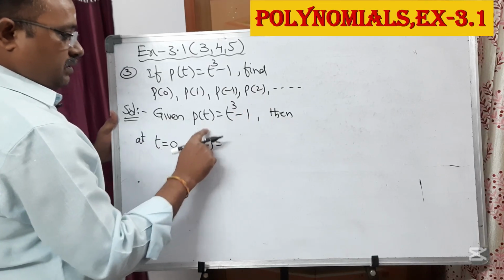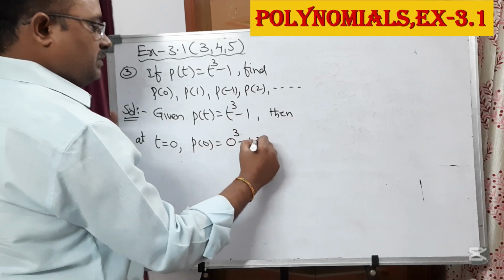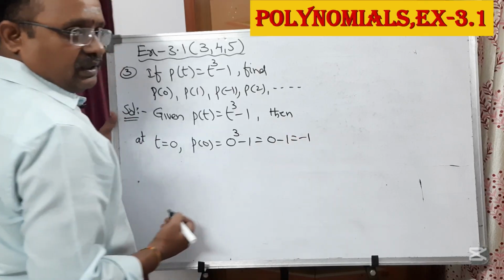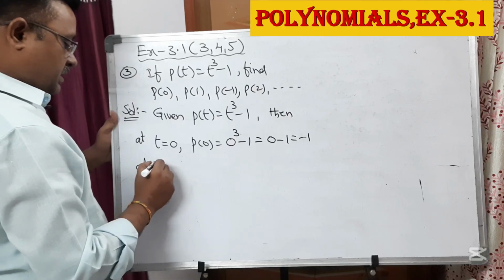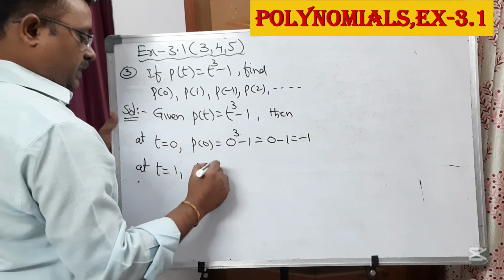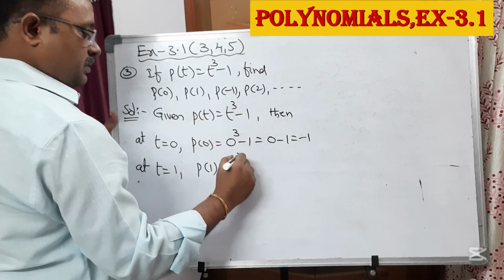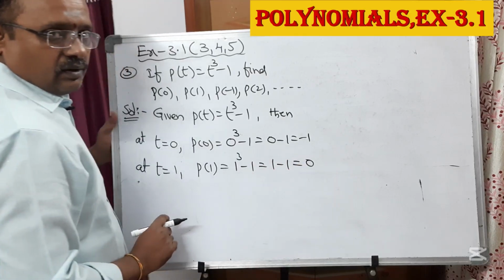It is equal to, substituting t value 0 here, t cube minus 1, that is 0 minus 1. The value is minus 1, that is it, that is the polynomial value. Next, at t value 1, p of 1 is 1 cube minus 1, that is 1 minus 1, which is equal to 0.